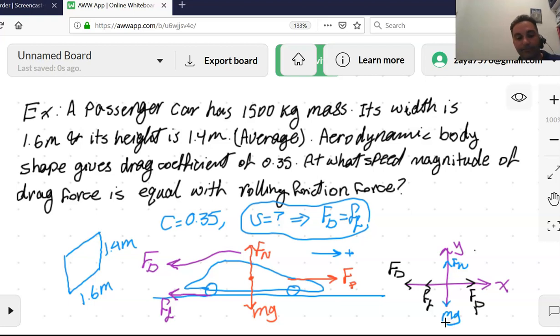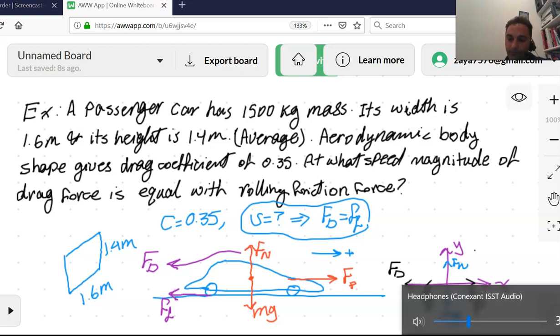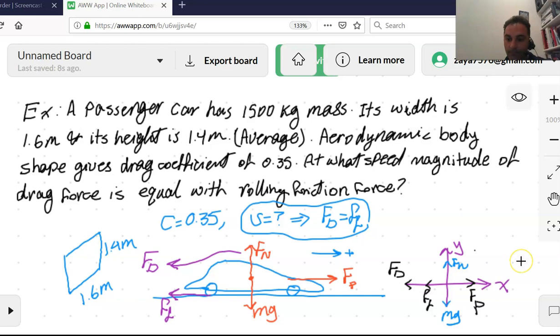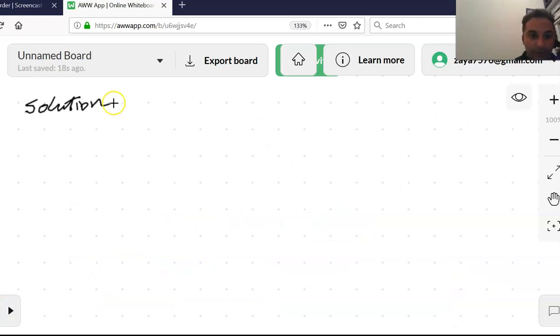So far makes sense? Now the question is this: at what velocity, at what speed, is drag force equal with friction force? So let's do the solution.